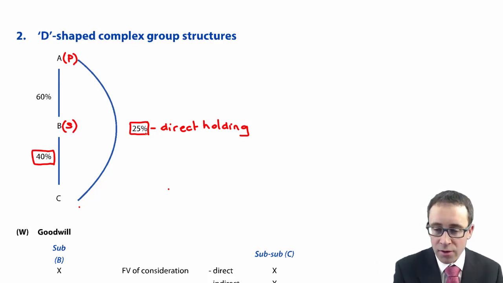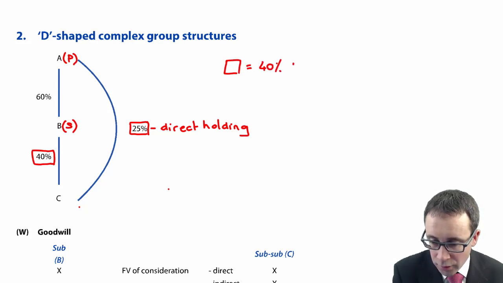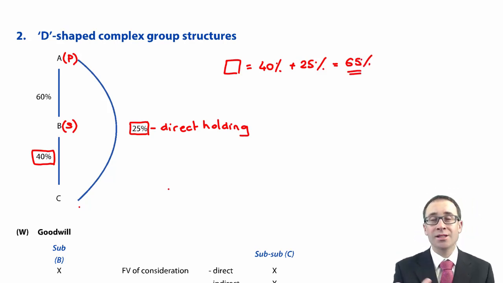And all of a sudden, if you add together those two boxes, you've got 40% of the vote in C, you have 25% of the vote in C, so therefore you control 65% of the vote in C.